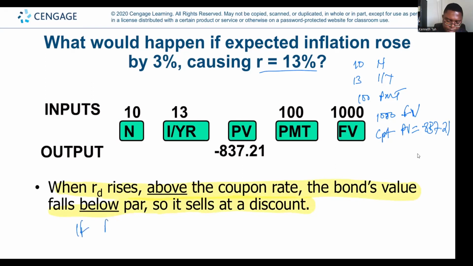So if the yield to maturity is greater than the coupon rate, which we have seen, yield to maturity now increases to 13%, which is greater than the coupon rate of 10%, what we find is that the bond value is less than the par value. So the bond is selling at a discount.